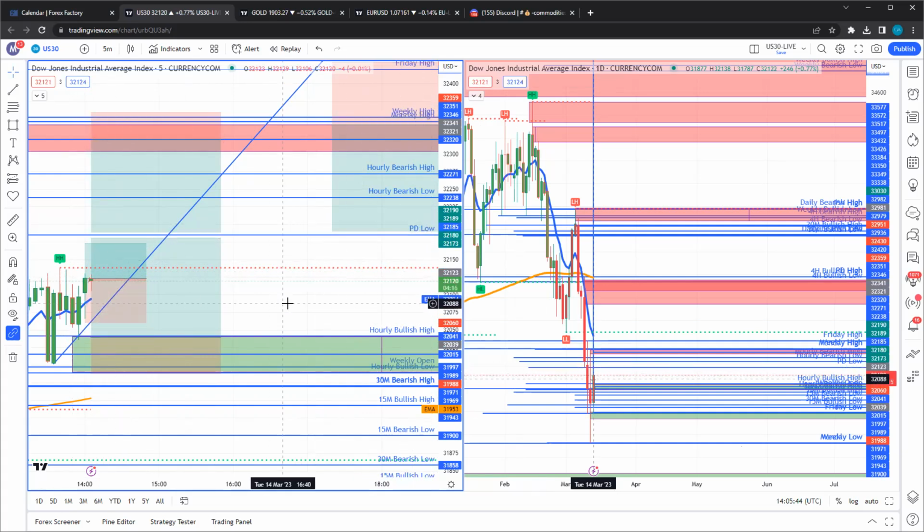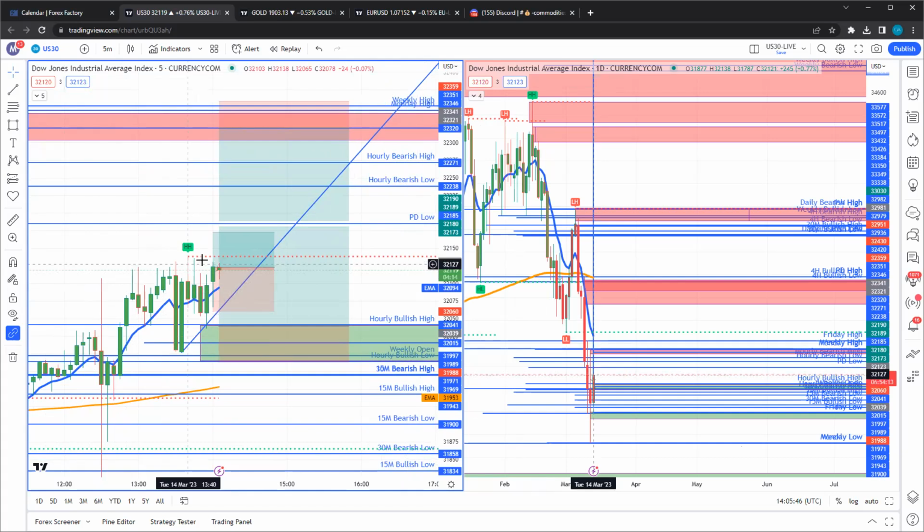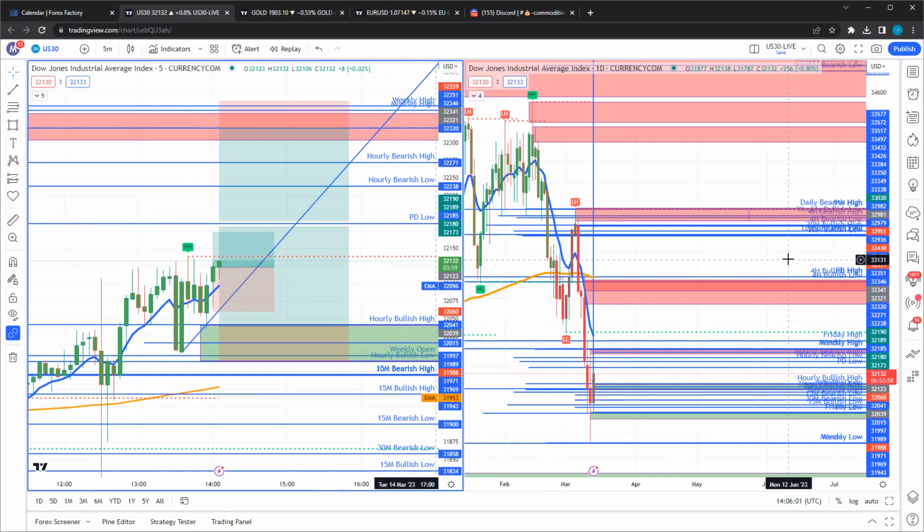Okay, and this is perfect. On my MT4, I have a trend line that's going up here, and price is literally retesting that trend line. So this is the importance of trend lines. So there you go.